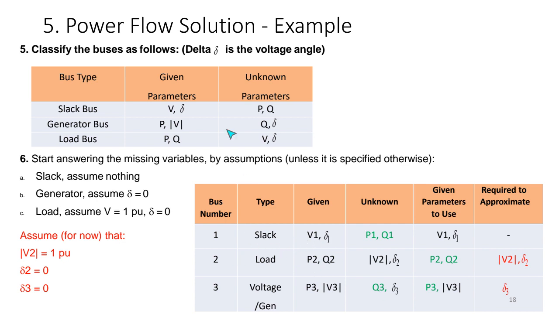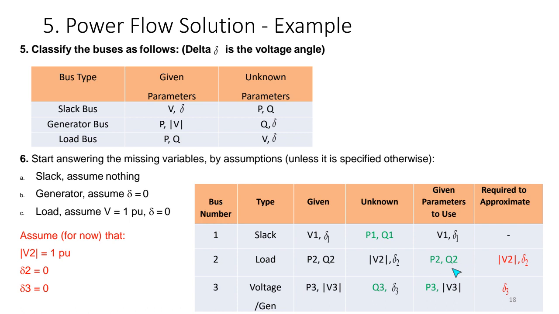So in that case, you can see the same table is repeated, column 1, column 2, column 3, the same as above. What I'm trying to highlight here is that for each case we need to find P and Q. For example, for the slack bus the given parameters are V1 and delta 1, so we are not taking any partial derivatives, we leave it.